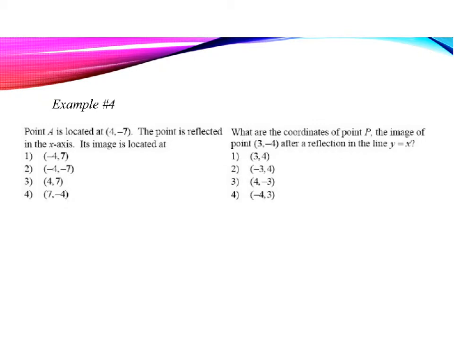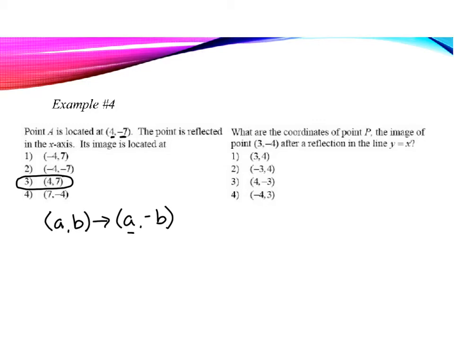So, if we follow our rule that if we're reflecting across the x-axis, our point located at (a, b) becomes the point (a, -b). And if we look back here, 4 stays the same, so 4 and then -b. So -(-7), so +7. (4, 7) is this one right here.